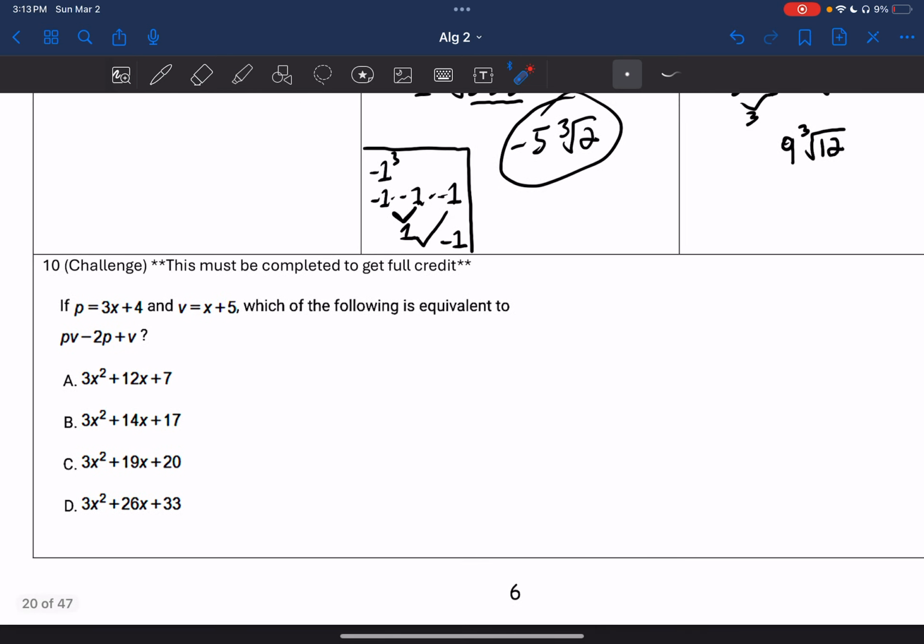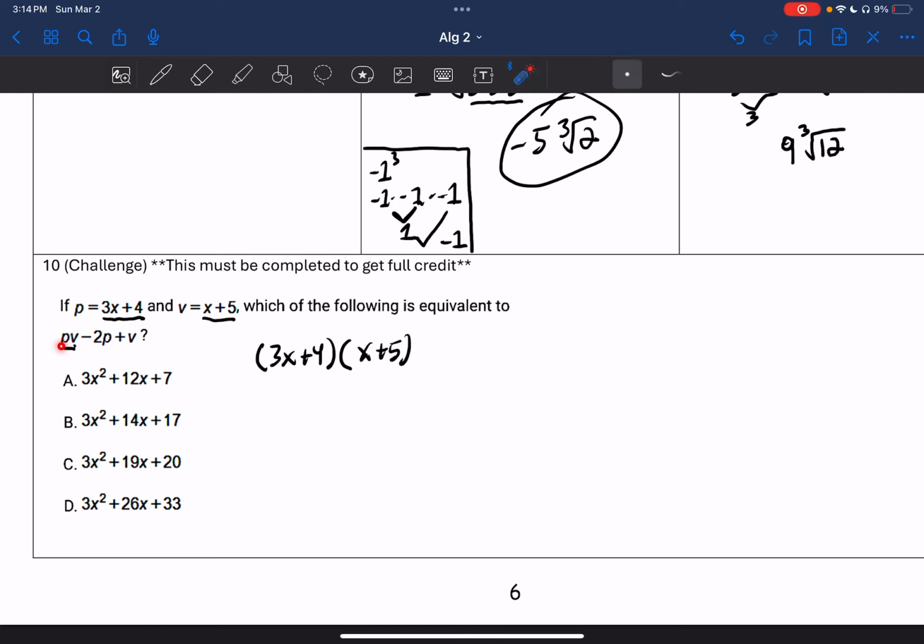Now let's look at the challenge question. It must be completed to get full credit. If p is equal to 3x plus 4 and v is equal to x plus 5, which of the following is equal to pv minus 2p plus v? So we have to do a little bit of substitution here, right? We know that p is equal to this, v is equal to that, so pv is going to be equal to p, 3x plus 4, times v, x plus 5.